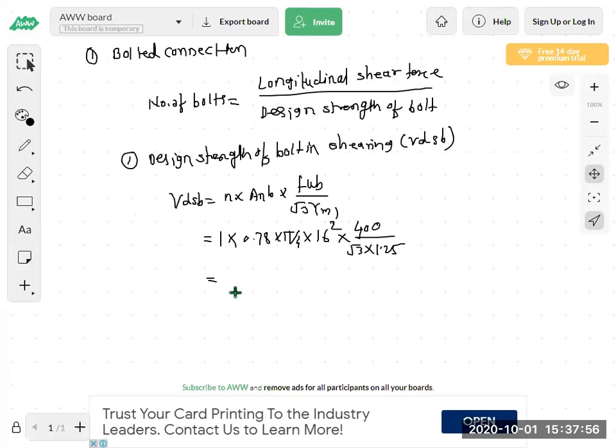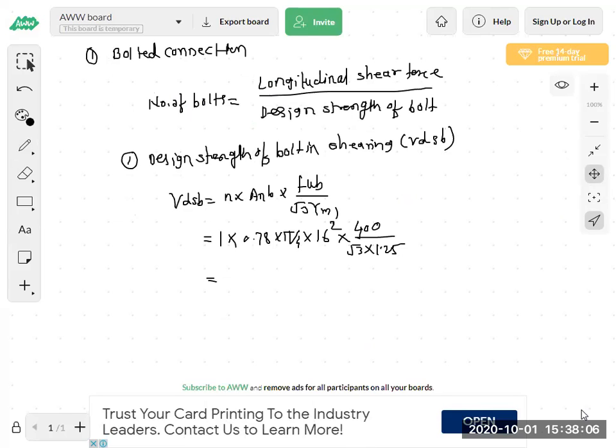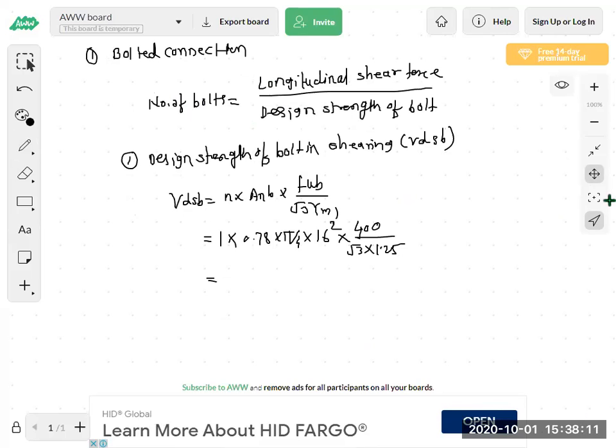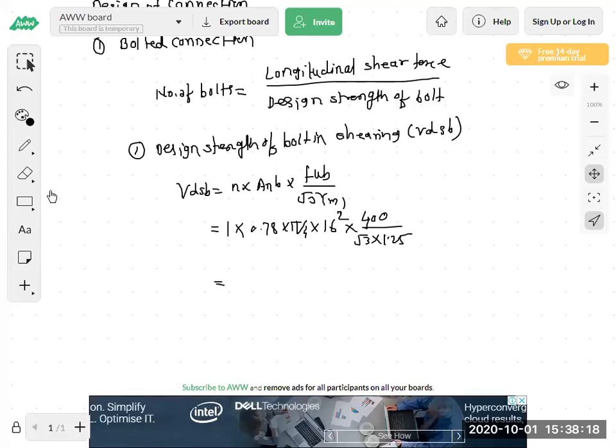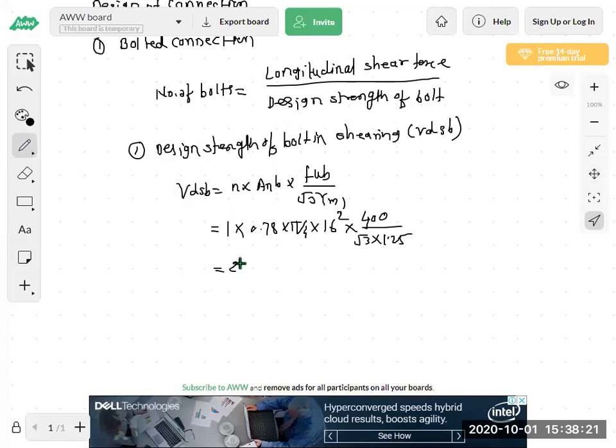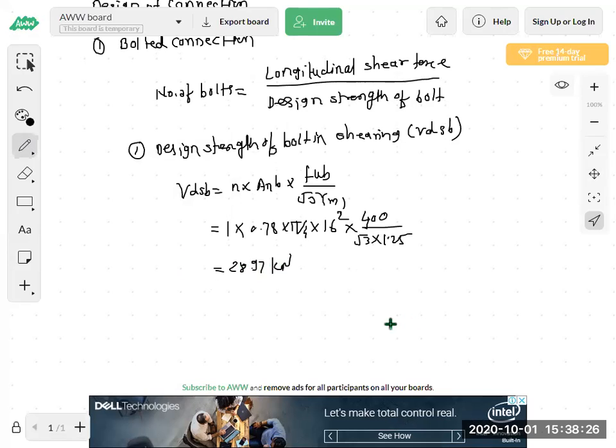How much is this? 28.97, correct? 28.97 kilonewton. This is the shear strength of bolt.